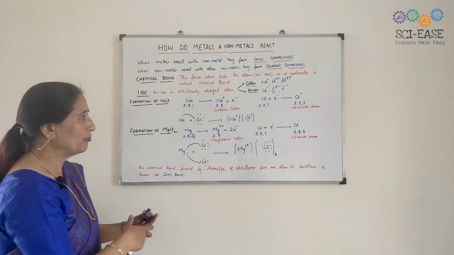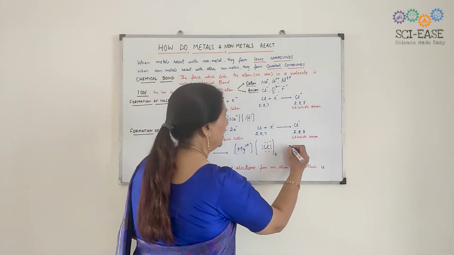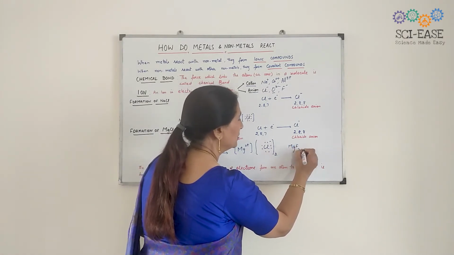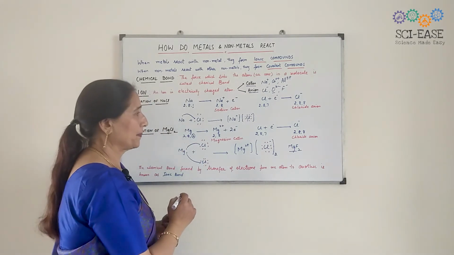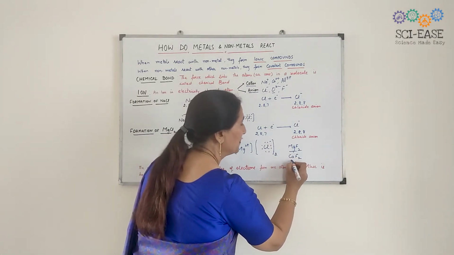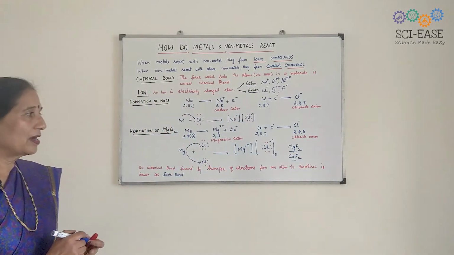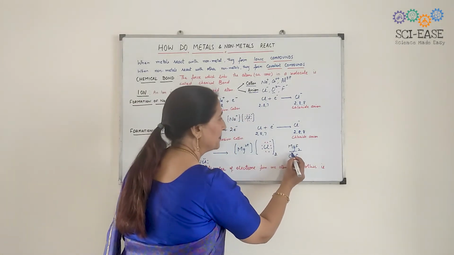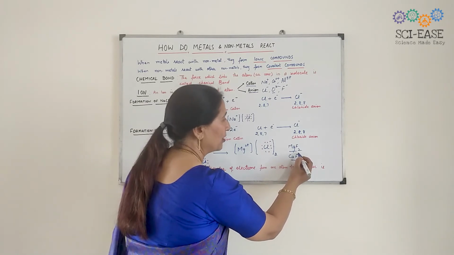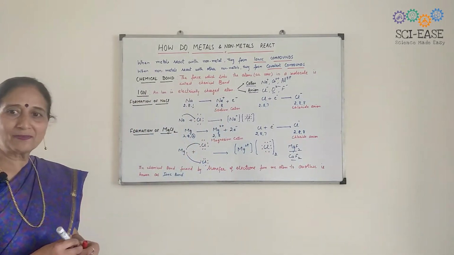You can show the formation of MgF2 like this only. Calcium fluoride, CaF2. Here also there are two electrons, and here F has one electron less than the nearest noble gas.